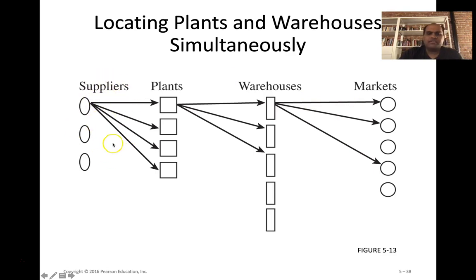So you have xie, xeh, and xhj, 3 sets of x variables. And apart from that, you'll have 2 sets of y variables, one set deciding which plants are going to be open, and another set deciding which warehouses are going to be open.